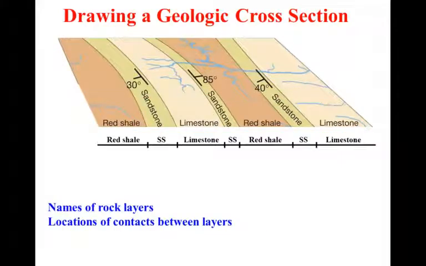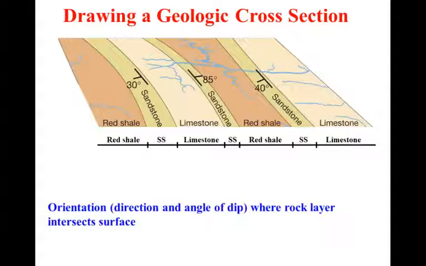So what I've done so far is I've transferred the names of the rock layers and the locations of contacts between them based on what the map shows. All I've done so far is reproduced the names of the rock units and the locations of their contacts as shown in the map. I've reproduced that along or on my cross-section line.